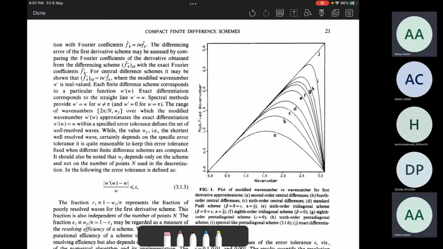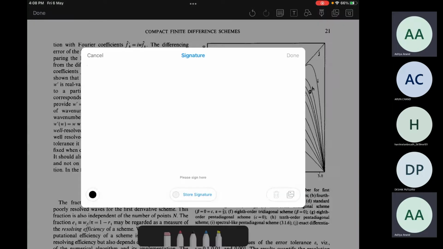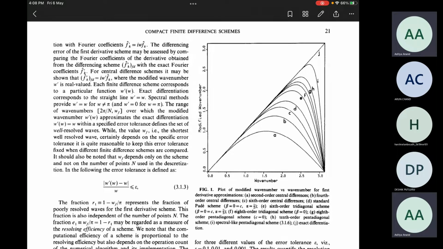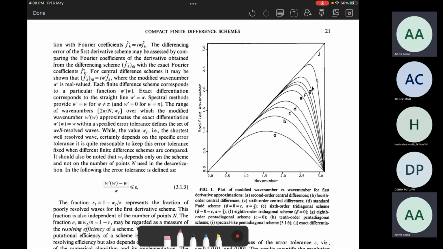A is the second order central difference, so it does not resolve as much. B is the fourth order central difference scheme.